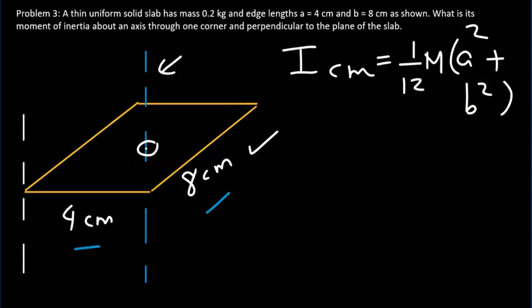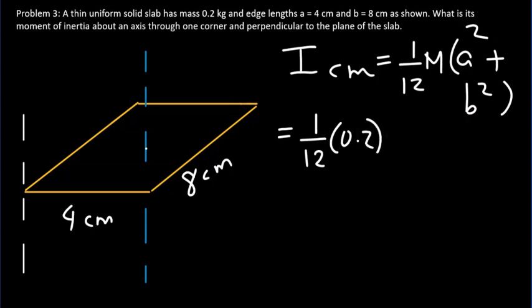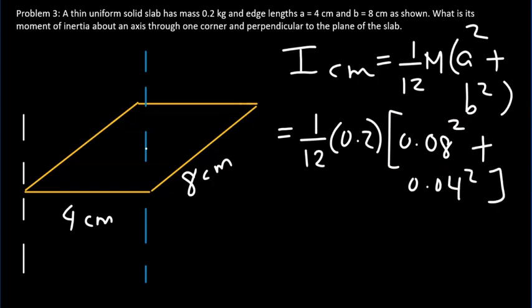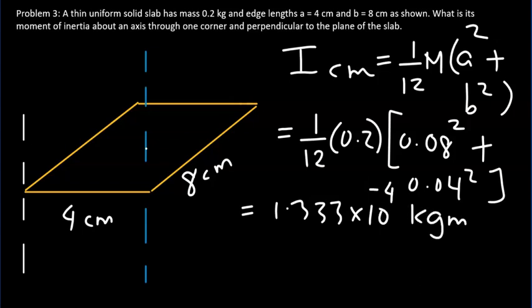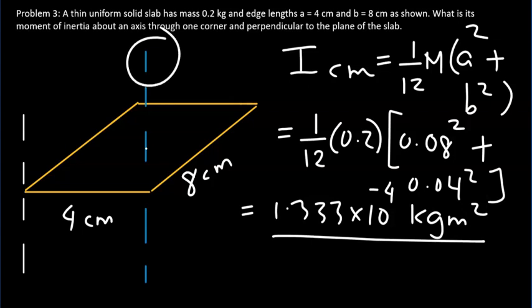So this could be A, this could be B. Substituting for mass, A and B: mass is 0.2, A is 0.08, converted to meters, plus B, 0.04, squared. That's going to give you 1.333 times 10 to the power minus 4 kg meter squared. So that is the moment of inertia about the axis through the center of mass.